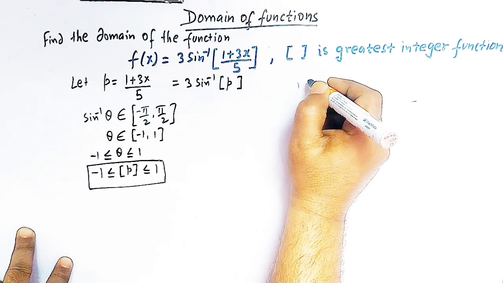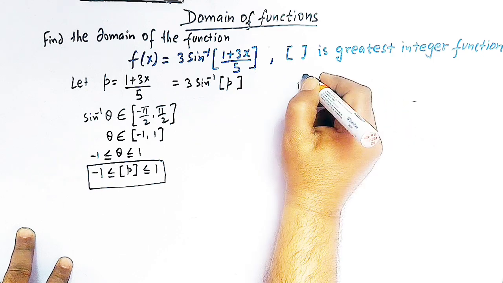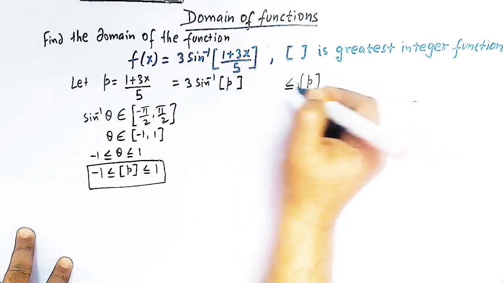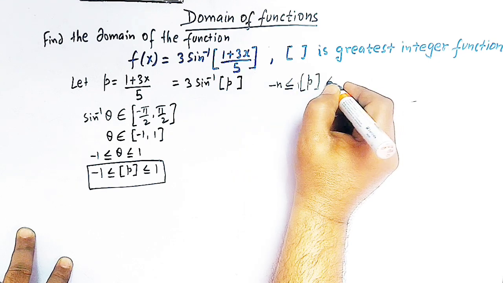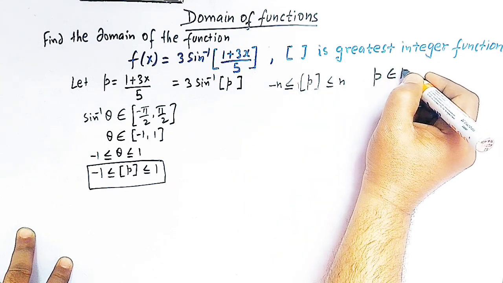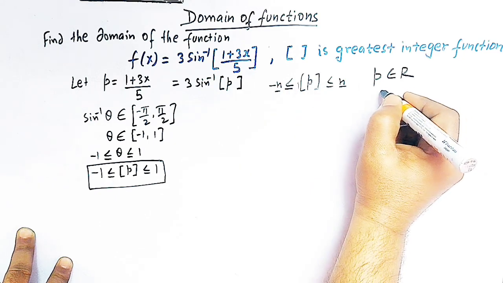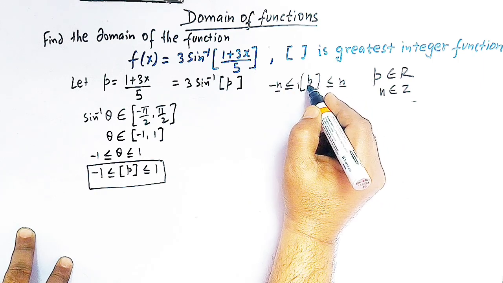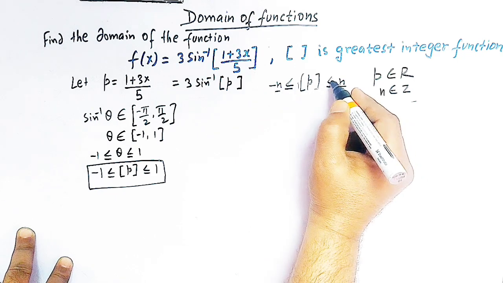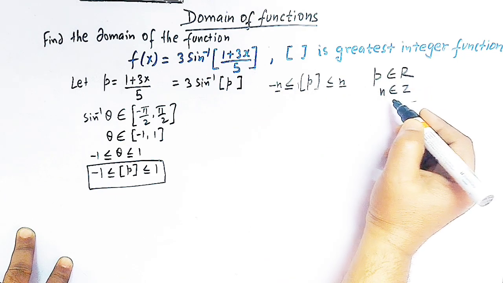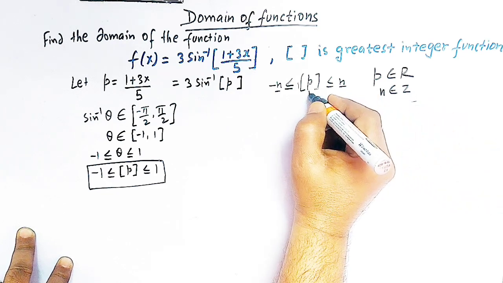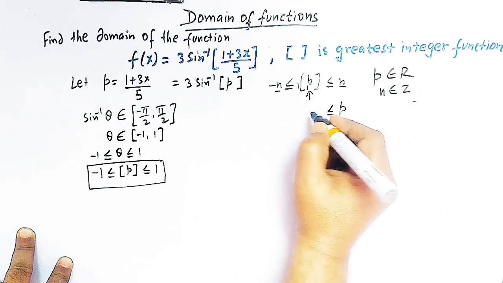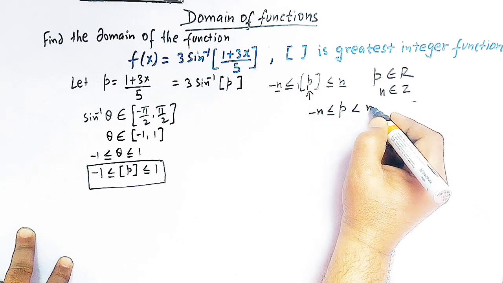If p is a real number and the greatest integer of p lies between minus n and n, where p belongs to the set of real numbers and n is an integer, then p should be greater than or equal to minus n but less than n plus 1.